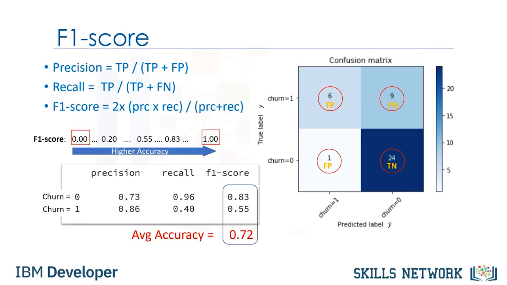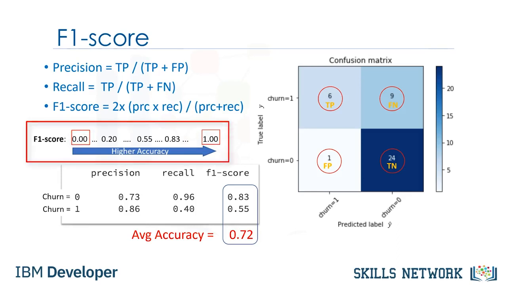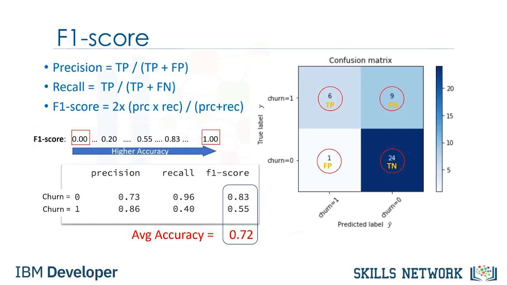It is a good way to show that a classifier has a good value for both recall and precision. It is defined using the F1 score equation. For example, the F1 score for class 0, i.e. churn equals 0, is 0.83, and the F1 score for class 1, i.e. churn equals 1, is 0.55.